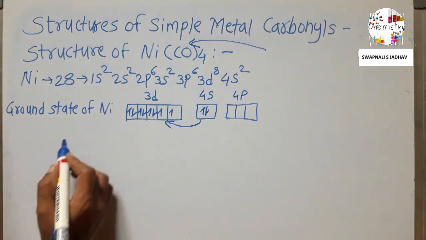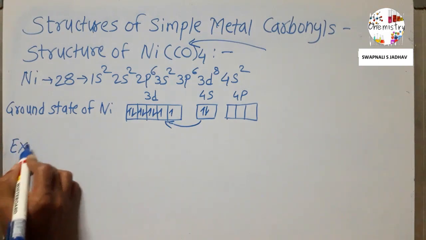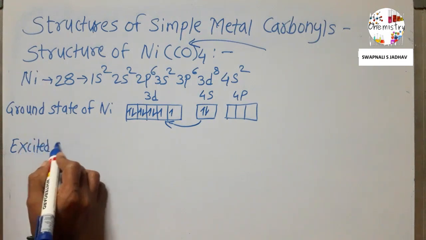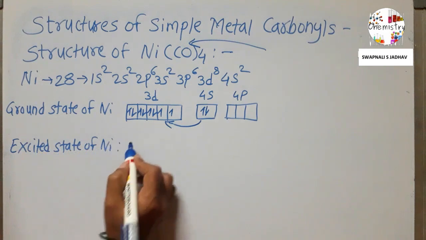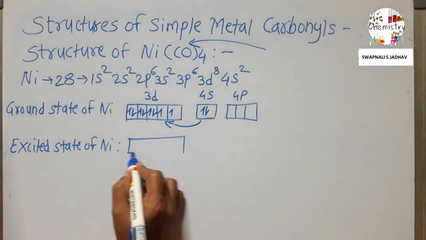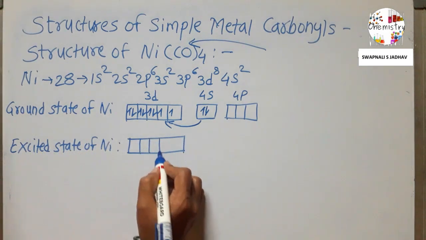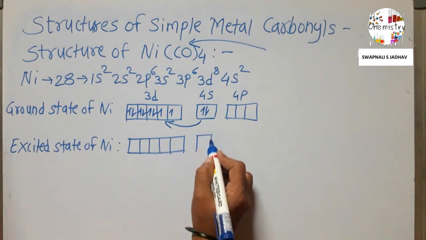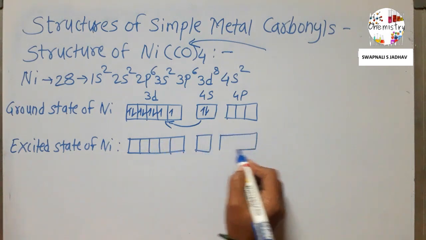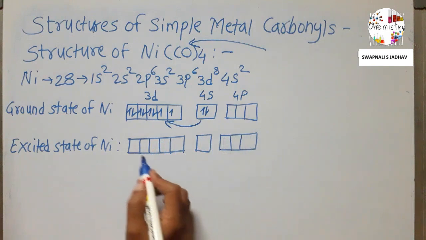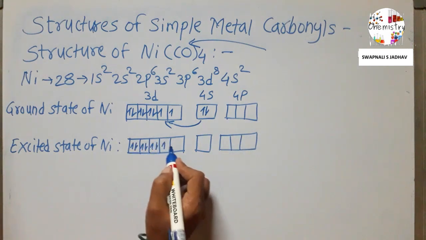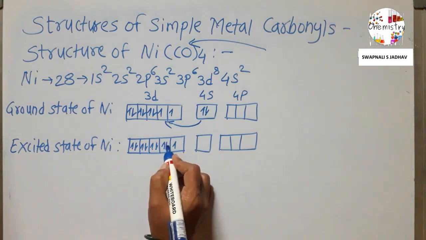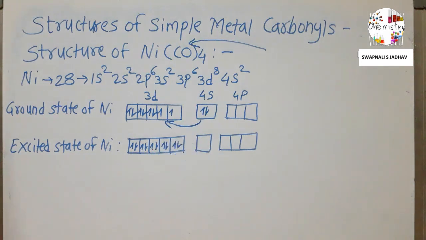So in the excited state of nickel, 3d contains how many electrons? 10 electrons. The 4s orbital becomes empty and 4p is already empty. So 1, 2, 3, 4, 5, 6, 7, 8, and that pair is forced to pair up.